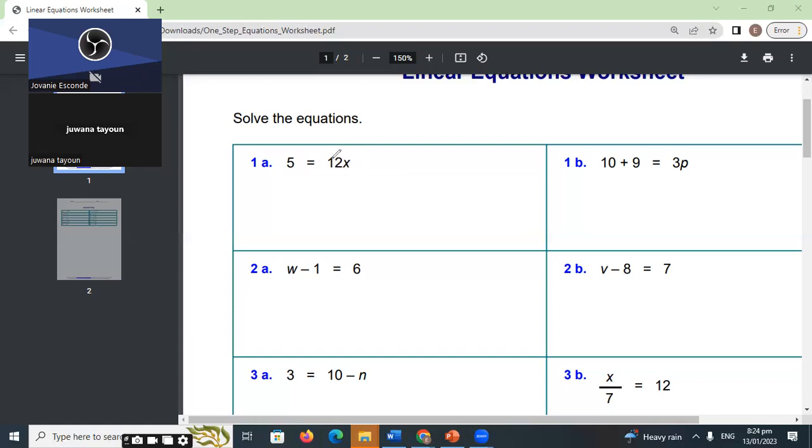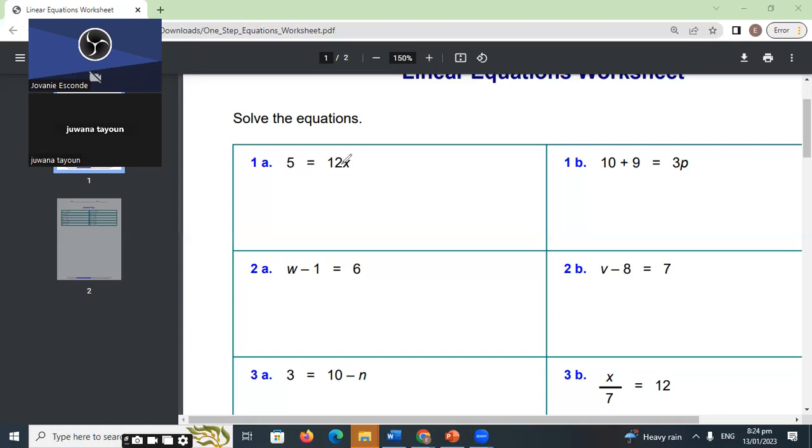So, of course, 12x is the same as 12 times x, right? Now, po, we have to remove that 12 there to find the value of x.